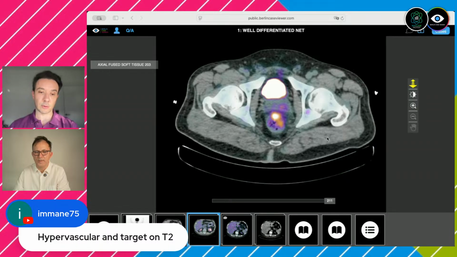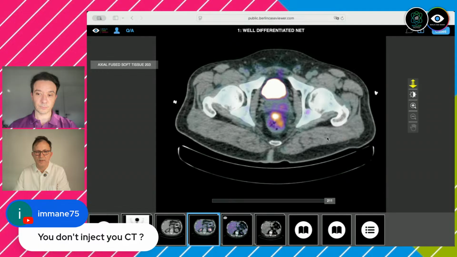Usually, neuroendocrine tumors show diffuse enhancement. Okay. So this question we had in our recent stream about if you do contrast enhanced CT with the PET or unenhanced CT. No, I just do oral contrast. We don't do contrast enhanced CT unless the referring physician asks for it.